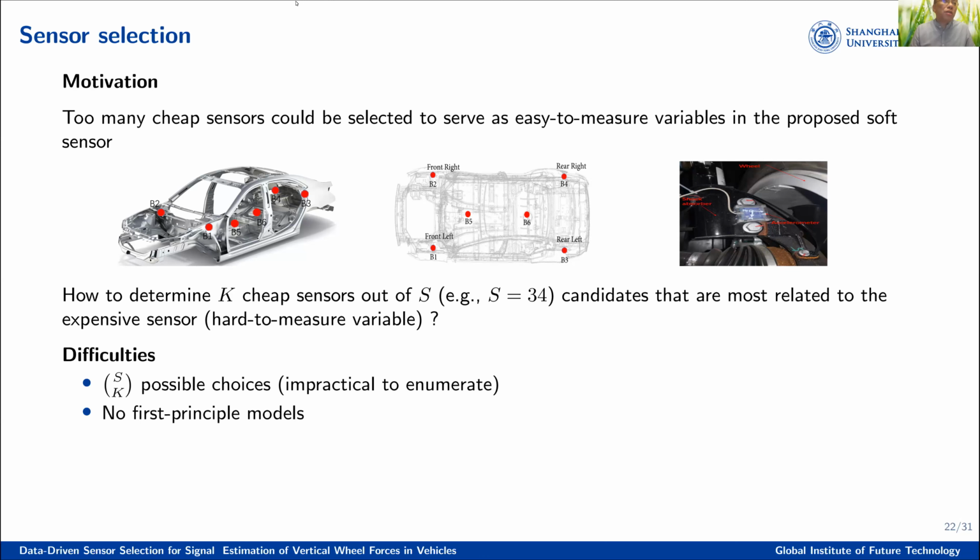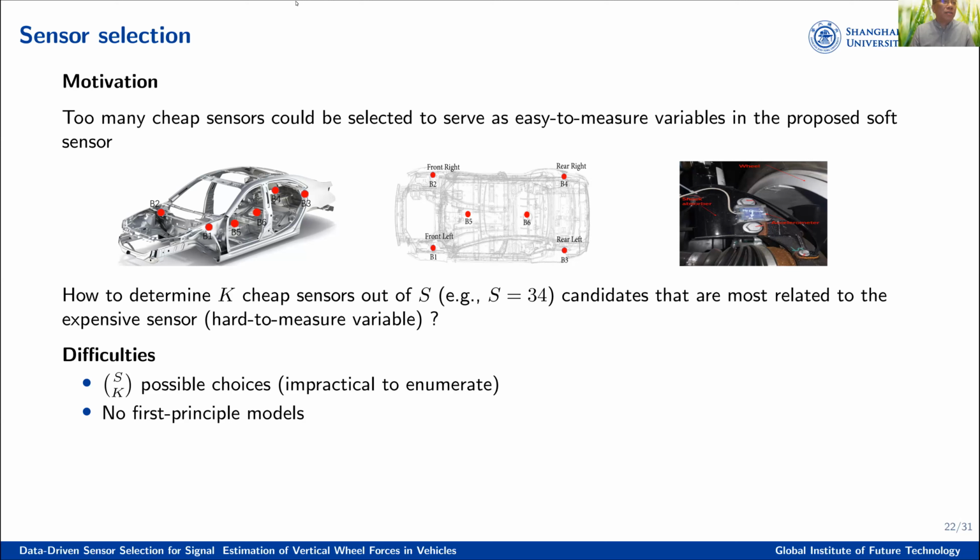So the difficulty here is how to choose K, or what is the combination of K different sensors from S total sensors. There are many possible choices, and it is impractical to enumerate basically.